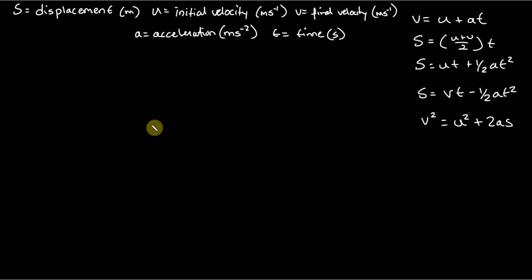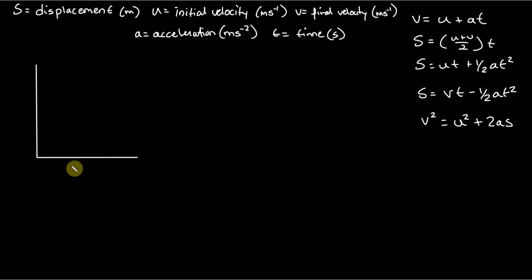The reason I say that is because we're just going to build off and derive these equations from a velocity time graph, just a really basic, simple, somewhat arbitrary velocity time graph. And from that we'll be able to think about why these equations work, where they come from, and why they only work when acceleration is constant.